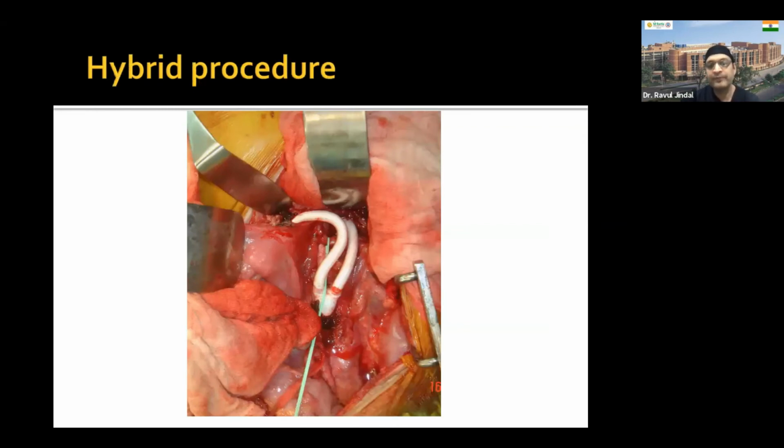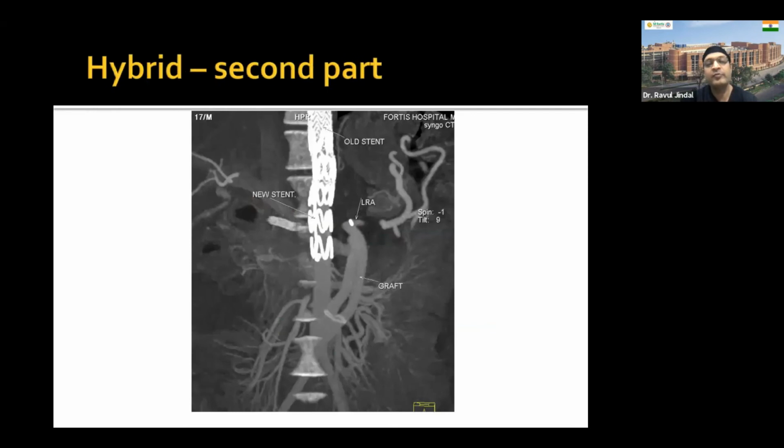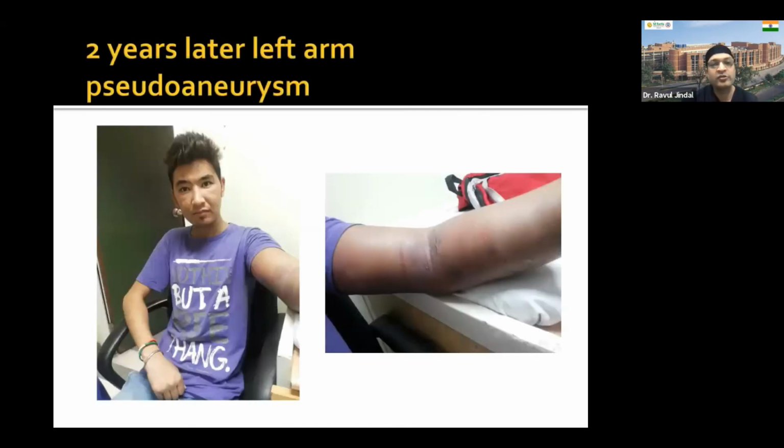We opened the patient, we did a graft from the aorta to the right renal and the SMA, and then we did an extension of the stent graft. So this is ligation of the renal arteries and SMA with a graft, and then we put in an extension of the stent into this patient, and this was a hybrid surgery. He did very well, and the patient got discharged.